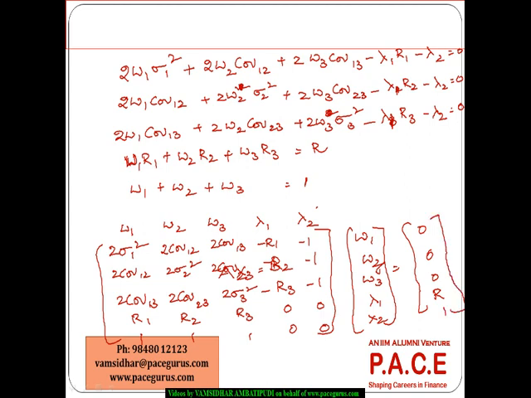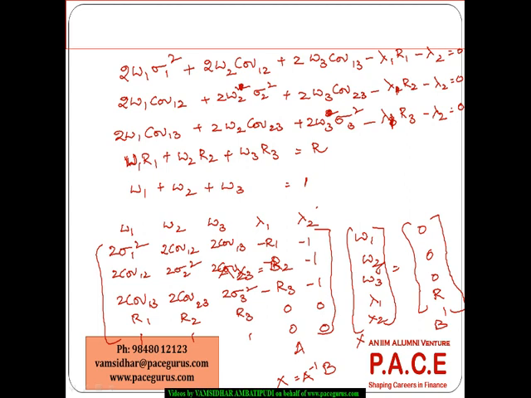Now this is a simplification, and this is looking like AX equal to B. For computing X, all I require is A inverse B. Take the inverse of this matrix, multiply it with B, and I get W1, W2, W3 as the solutions of that expression. So this is the typical Lagrangian multiplier model.